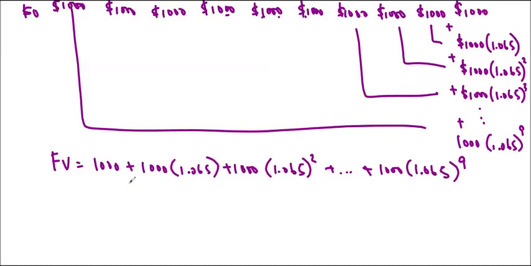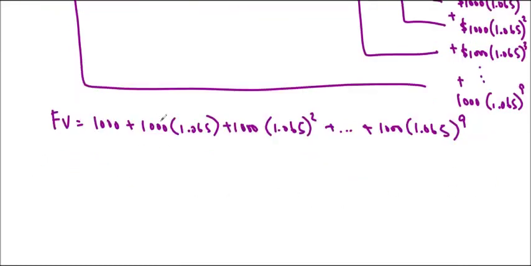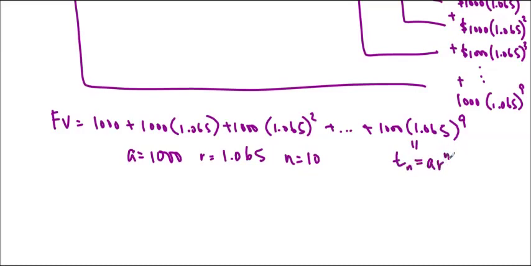So this is a geometric series. You can see it. It's pretty clear. So we have a is equal to 1,000, r is equal to 1.065, and n is equal to 10, because, of course, this is equal to a times r to the n minus 1.